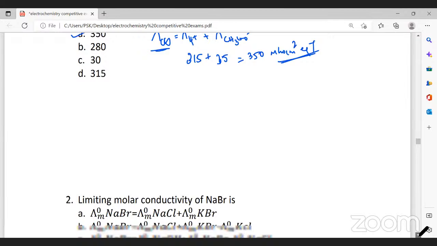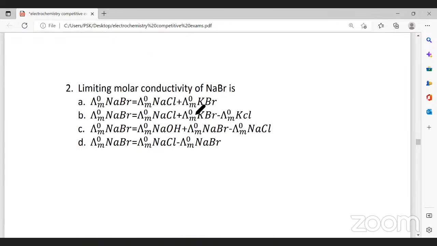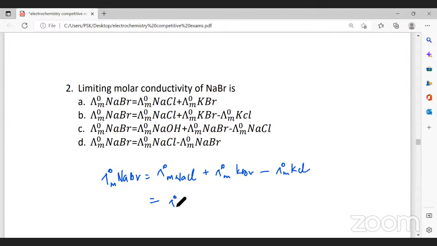The next question: limiting molar conductivity of NaBr is. Just observe now, see the second option. Lambda naught m of NaBr is equal to lambda naught m of NaCl plus lambda naught m of KBr minus lambda naught m of KCl.